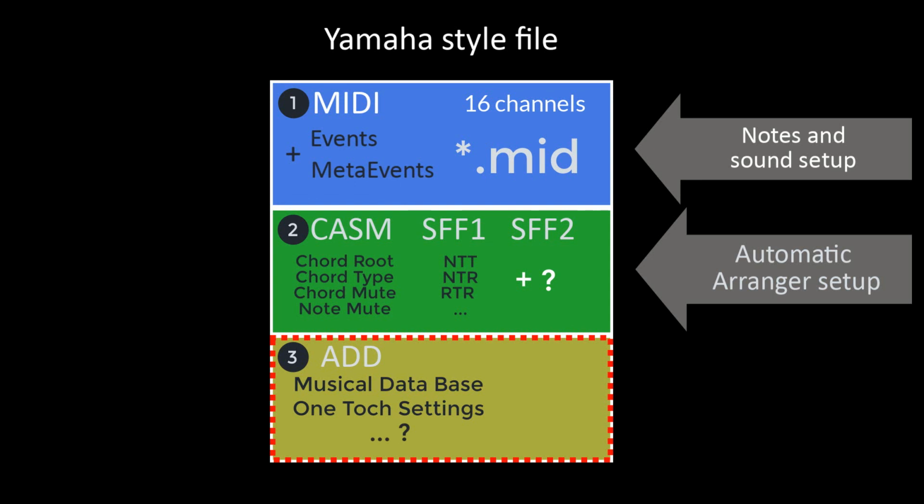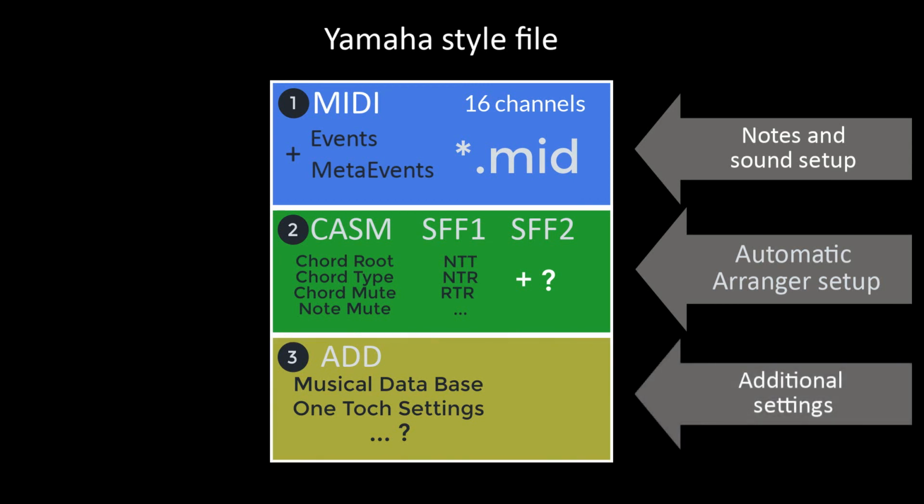To simplify, sometimes in CasmEdit we'll treat all of this third part as just some extra data. Although CasmEdit understands this third part, it even knows how to edit it. That's probably all you need to know about style files to finally get started with CasmEdit.